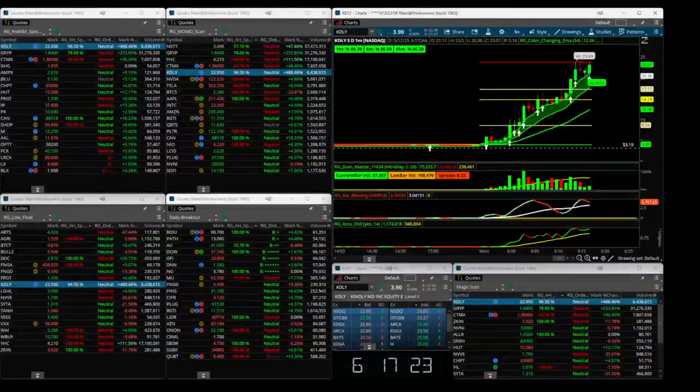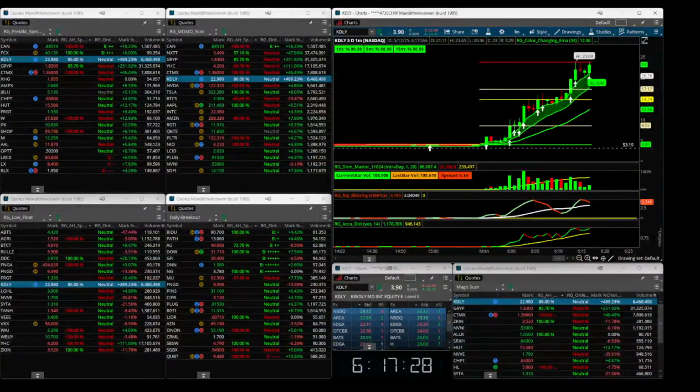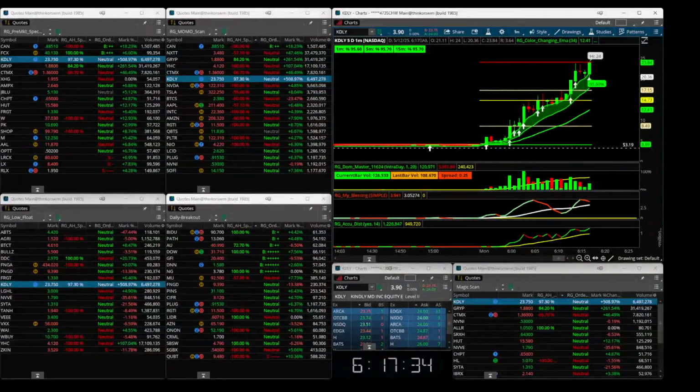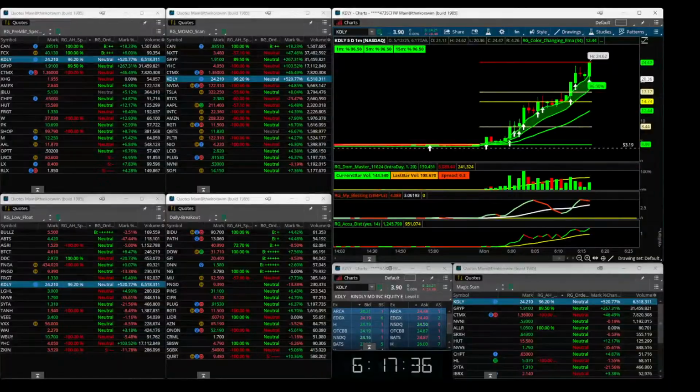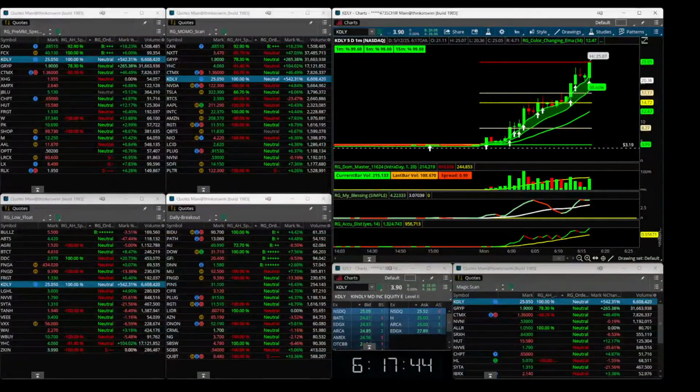So this stock is already up 500% for the morning. What a run. Unfortunately, it took off just before our market opened, and it's still running. $24.79, $25. Watching the bubble at 98%. Another little spike upwards.